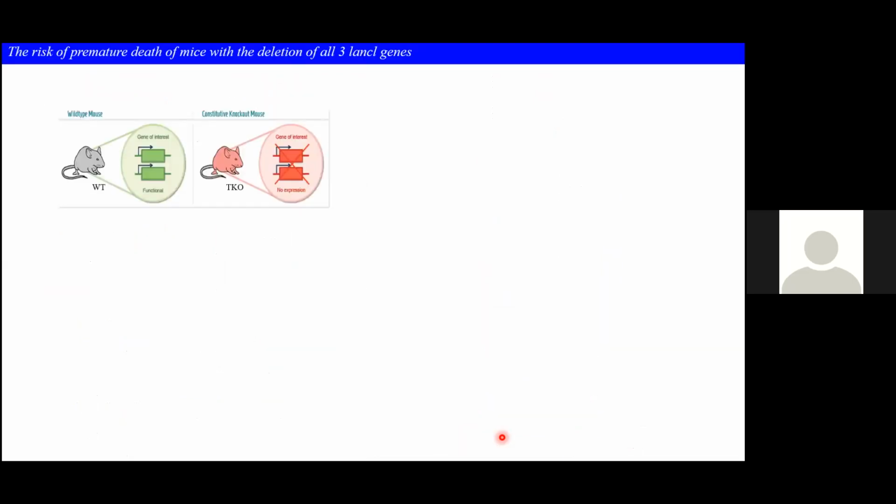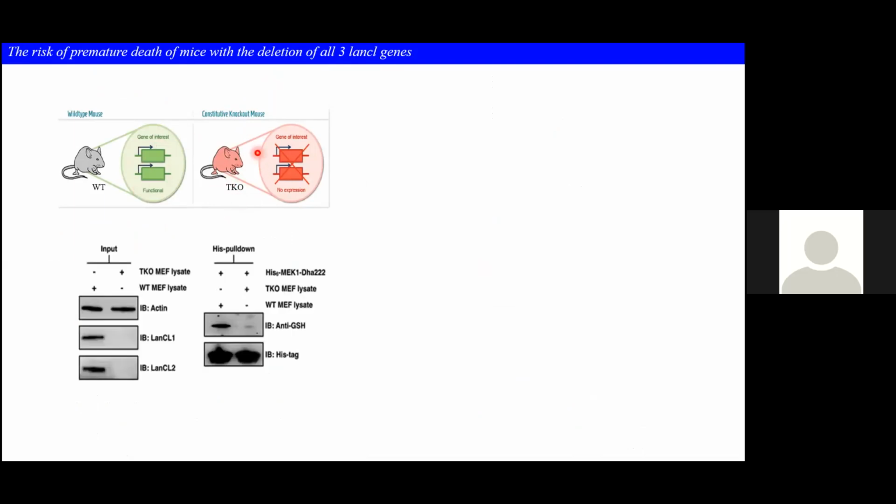Finally, our collaborator also constructed a brilliant animal model. We knock out, delete, all the LanCL genes in this triple knockout mice model, to see any differences between these two groups. As shown here, for the knockout mice, we're using mouse embryonic fibroblast cells. No LanCL protein can be found in the triple knockout mice.